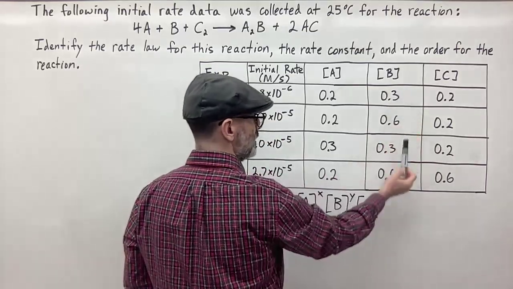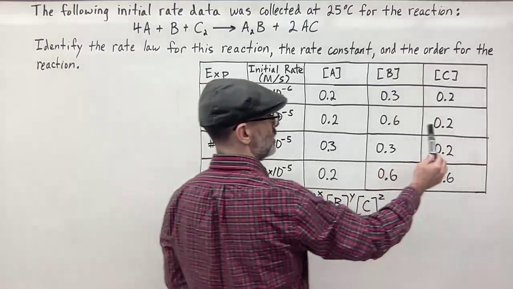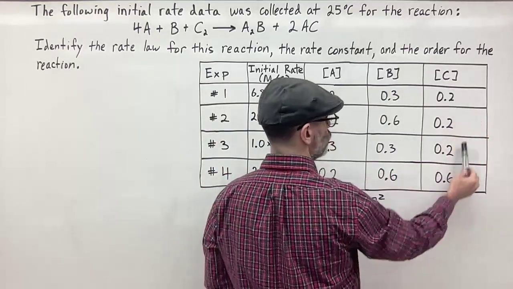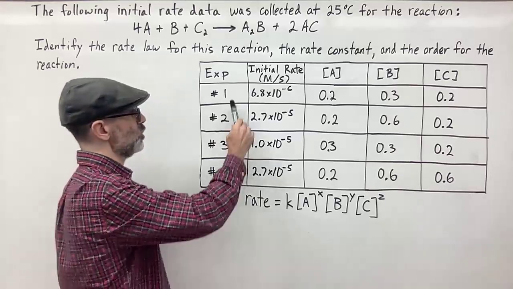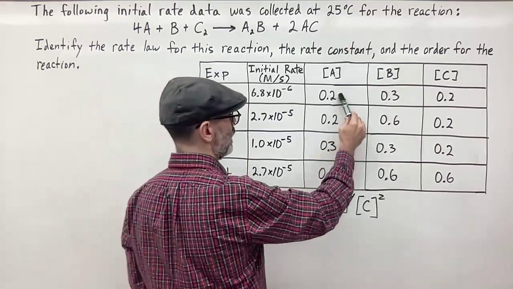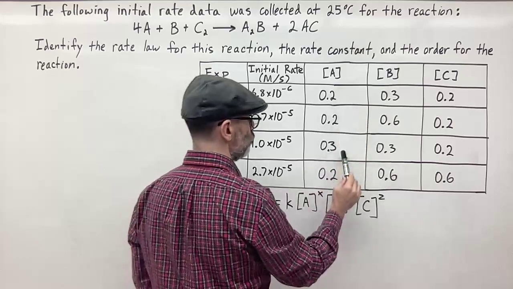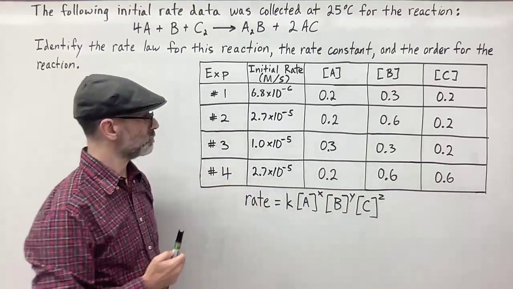So B is the same between 1 and 3. What about C? I have 0.2 and 0.2. So C is also the same for experiments 1 and 3. But if we look at A, it changes from 0.2 to 0.3. So we can use that one.